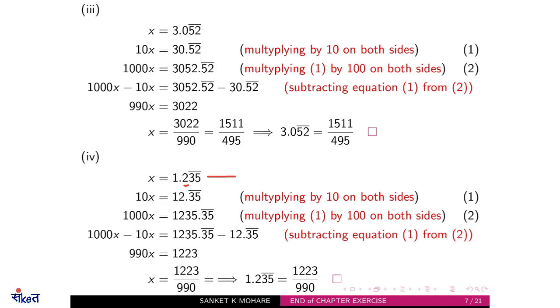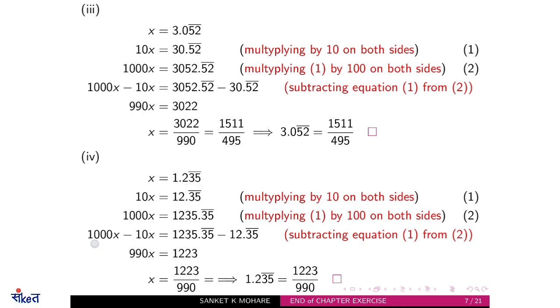Now as two digits are repeating, 3 and 5, we have to multiply equation 1 by 100. So 100 into 10, 1000x is equal to, if we multiply the right hand side by 100, the decimal will shift by 2 places. We obtain 1235.35. We call this equation 2.